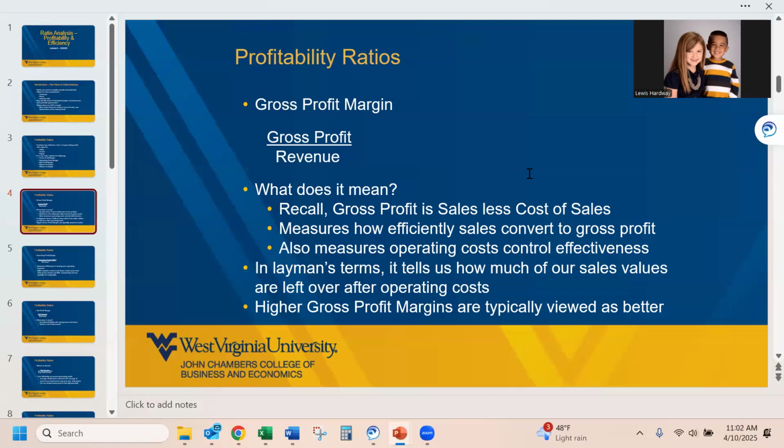So whenever we're doing comparisons within the industry or among our peers, we want to be towards the higher end of that spectrum.